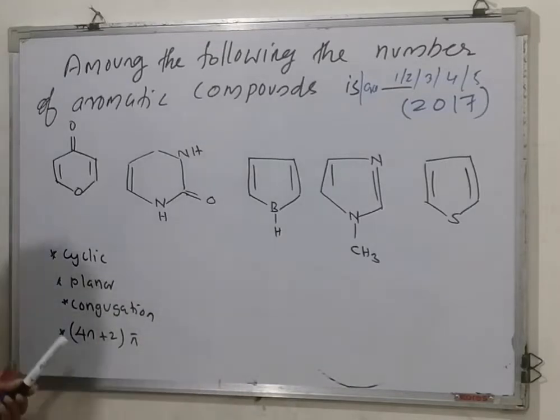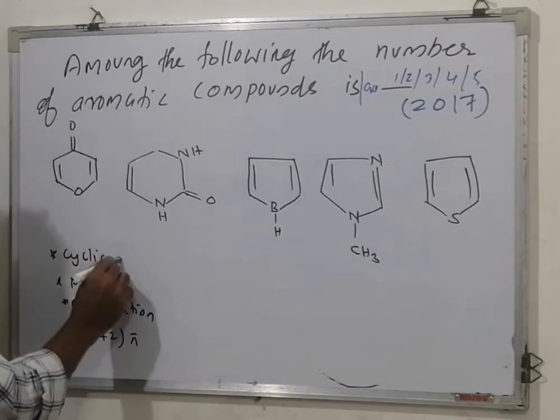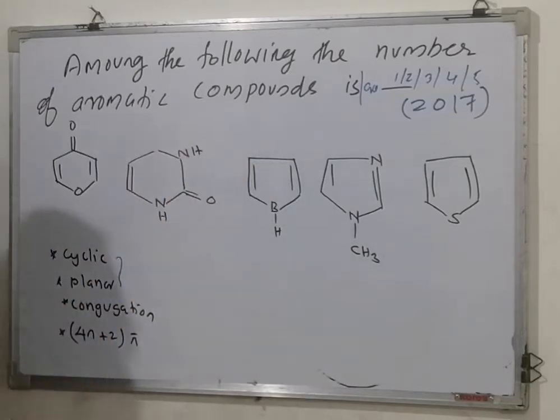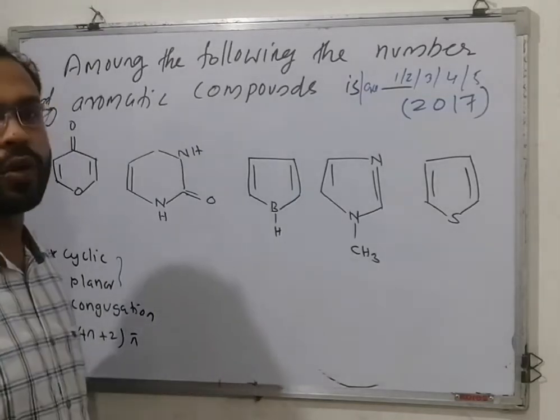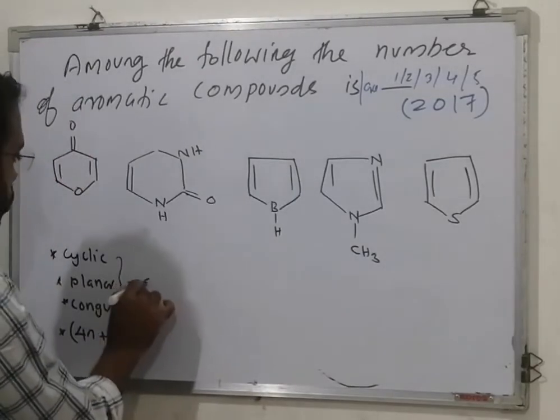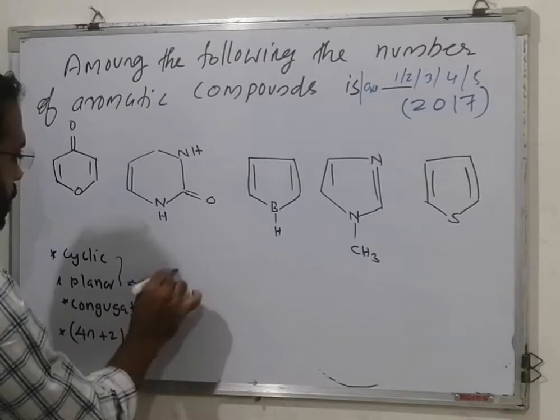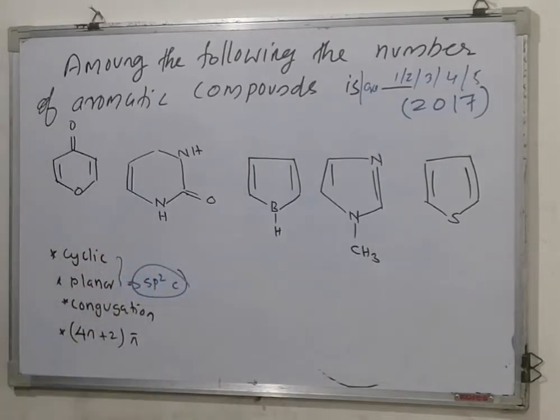First, these two are simple. Cyclic, you know that. Planar: if all carbons are sp2 hybridized, that should be planar.